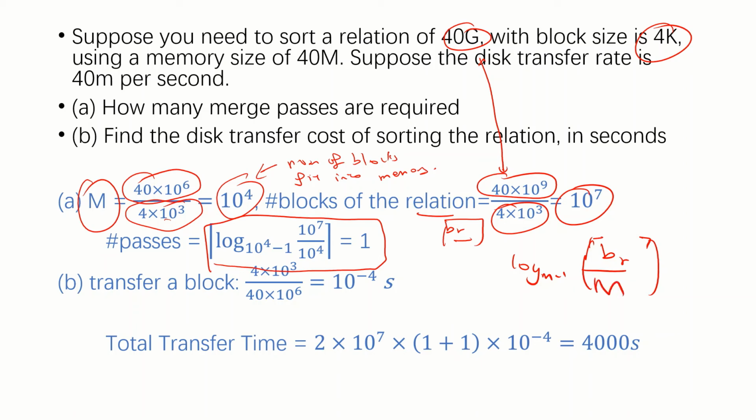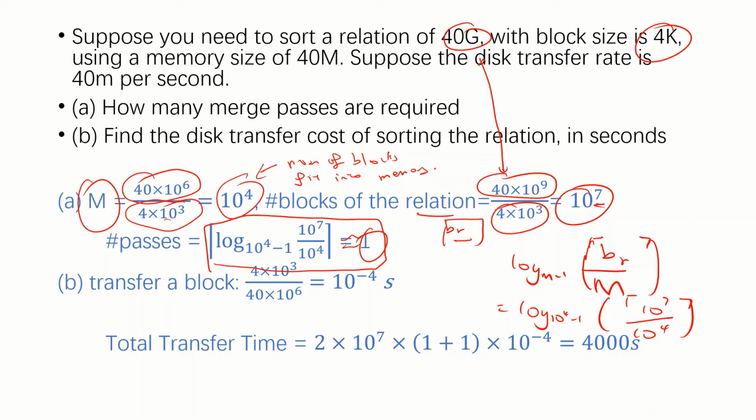So M is equal to 10 to the power of 4, minus 1, and BR is 10 to the power of 7, divided by 10 to the power of 4, and we have the answer here. This is approximately equal to 1. So I only need one pass to go through this entire relation.